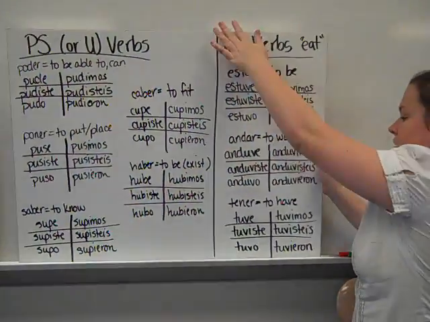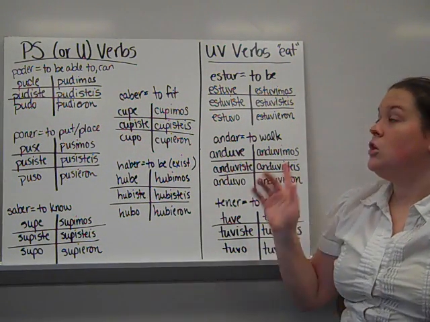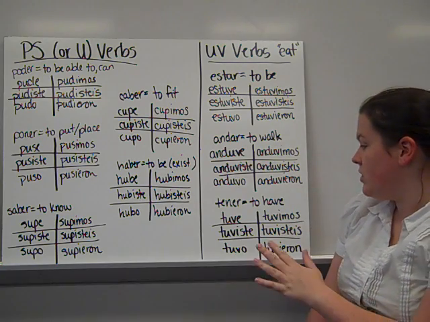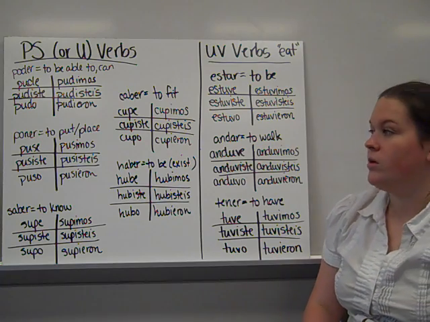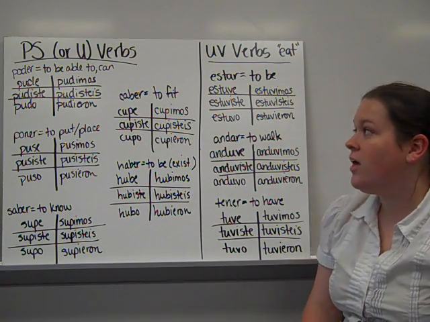Alright, now we are talking about PS and UV verbs. If you need a minute, pause to copy this down. I know this is kind of a lot of verb charts at one time. Hopefully you have had a chance to copy this down now. You can pause the video to do that.